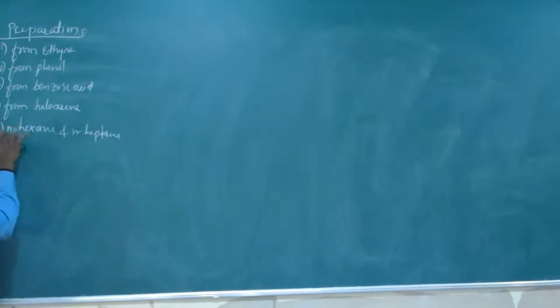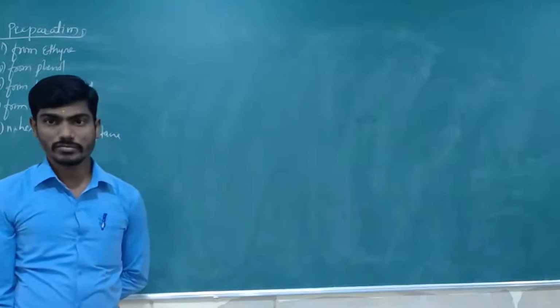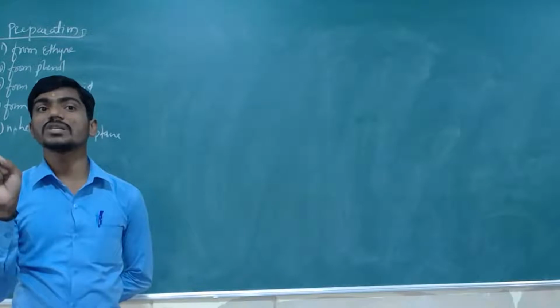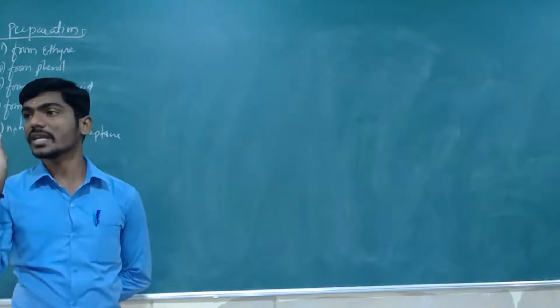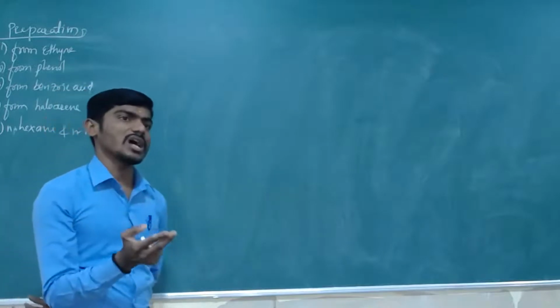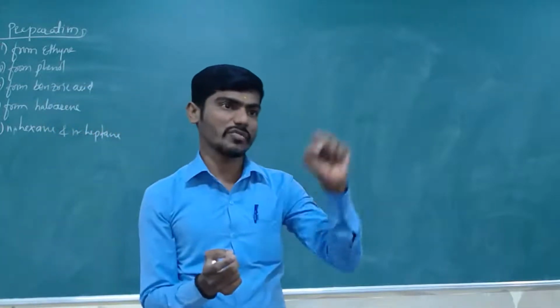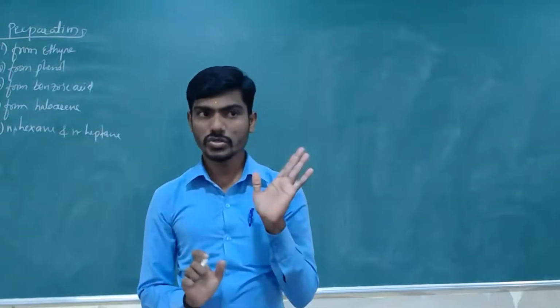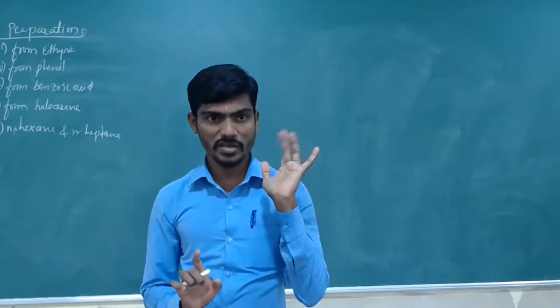First one, from cyclic polymerization of ethyne. Exactly the same as the chemical properties of alkynes, cyclic polymerization. So what happens when acetylene undergoes cyclic polymerization? When it is passed through a red hot iron tube, it gives benzene. First reaction clear?